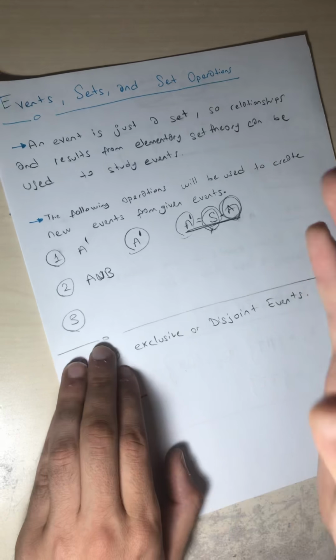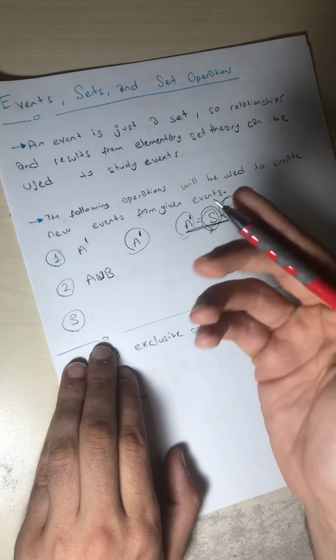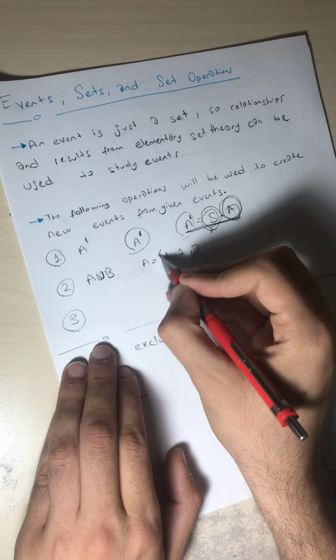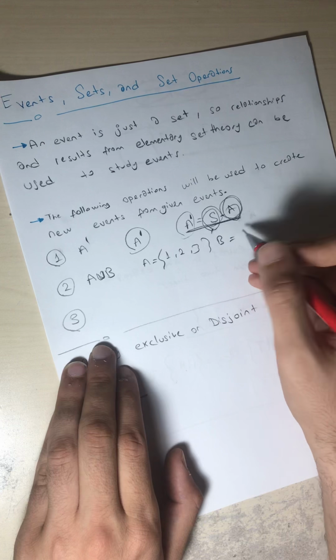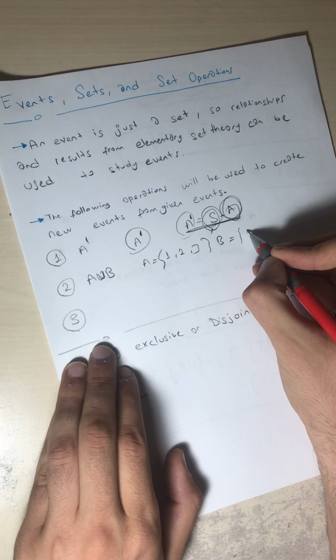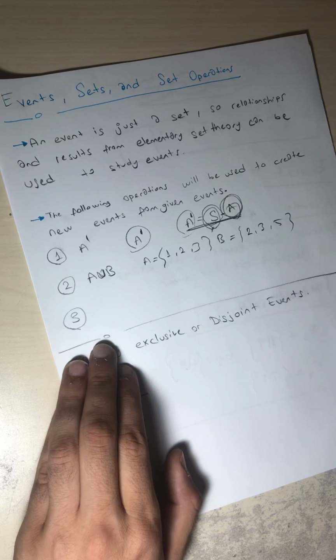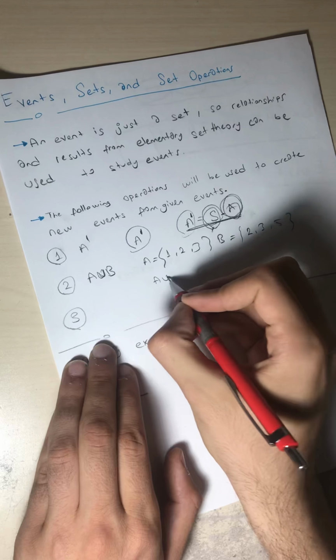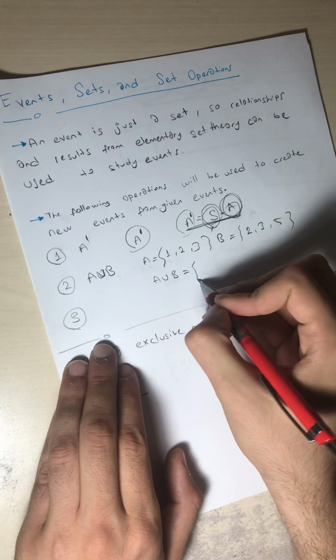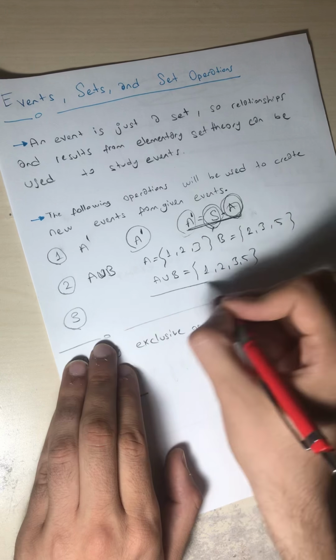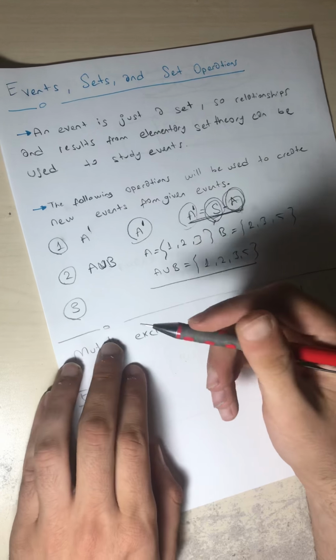That is all outcomes in at least one of the events. Let's say A is 1, 2, 3, and B is 3, 2, 5. Then A union B is going to be 1, 2, 3, 5. Okay, this is our union.